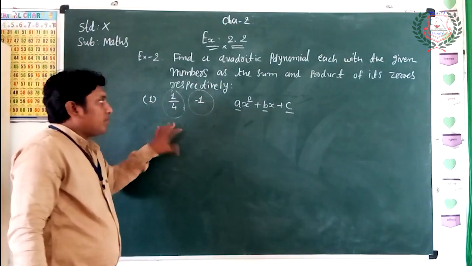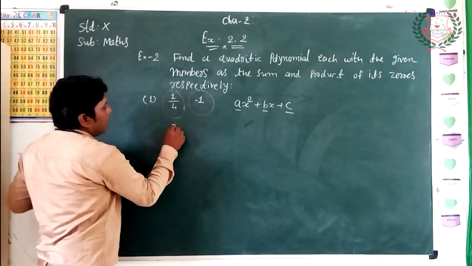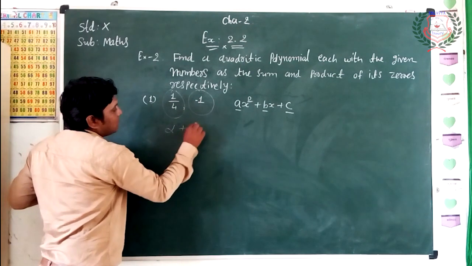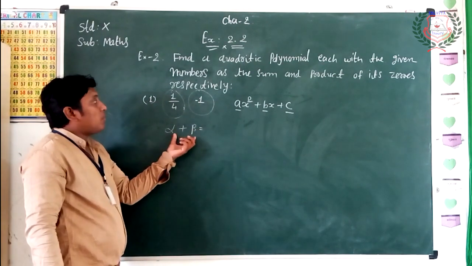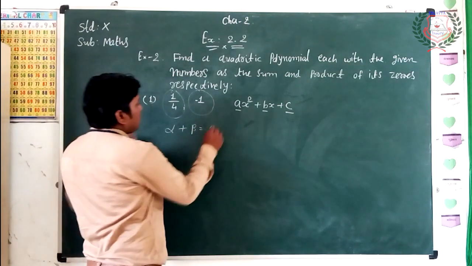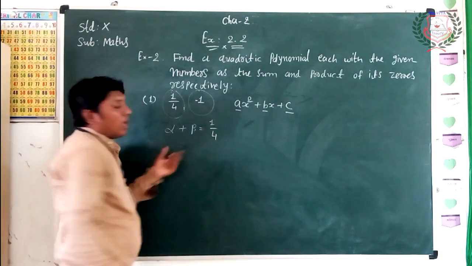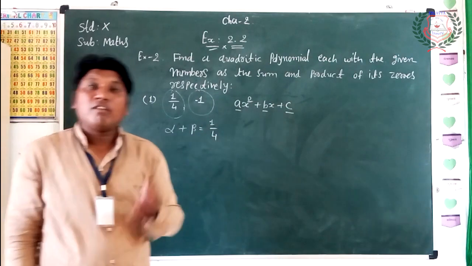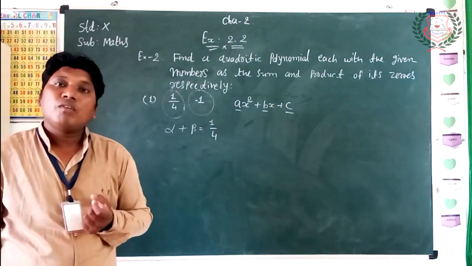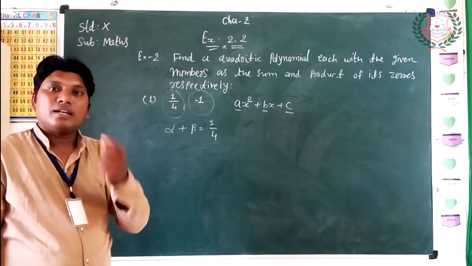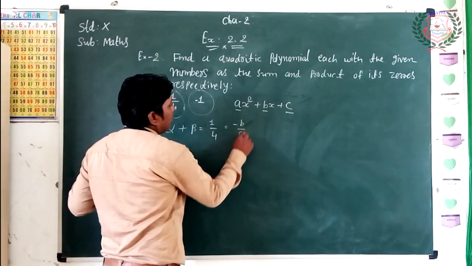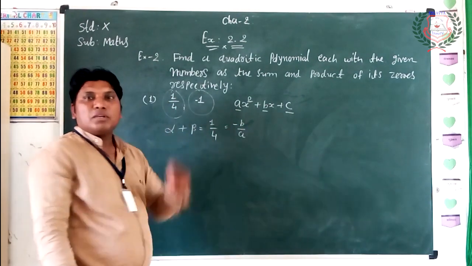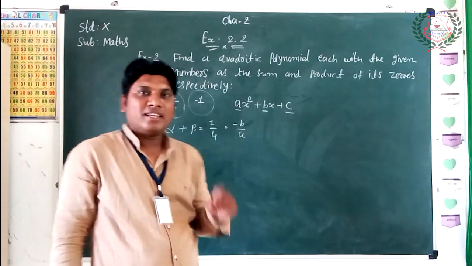Clear? Okay. Now here alpha plus beta is given. It is the addition, that means the sum of zeros, given as 1 upon 4. And you know that earlier we learned the formula of alpha plus beta: minus b upon a.